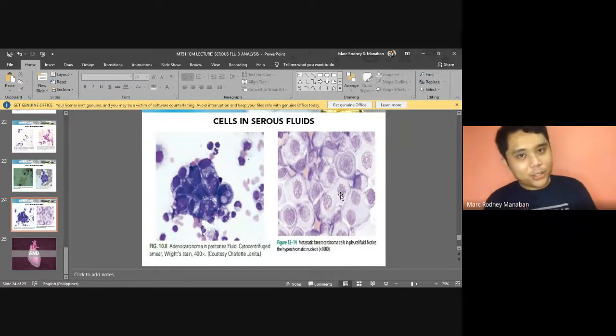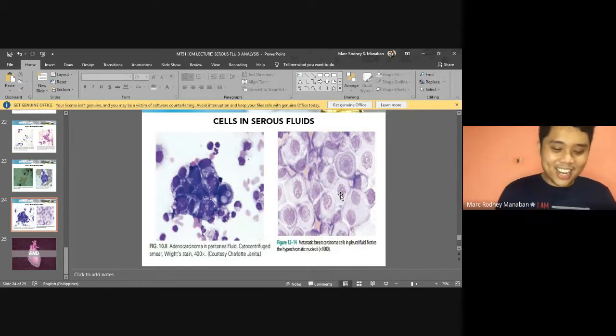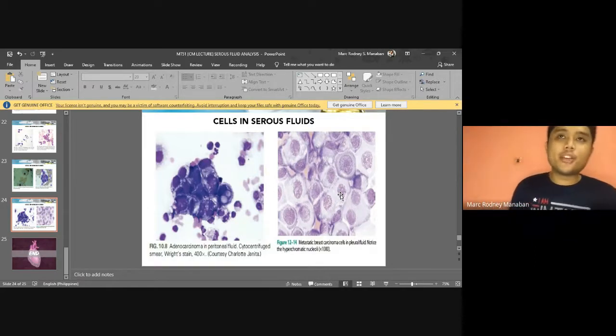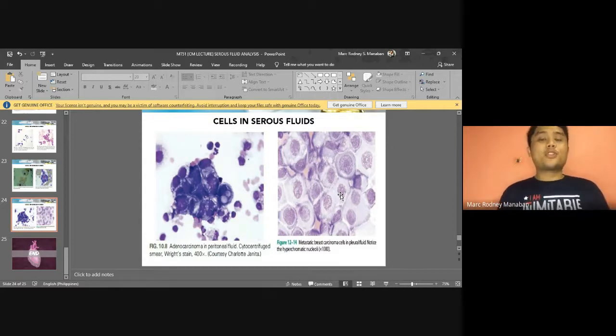So if you become a pathologist in the future, then this is your job. All right? For serous fluids, as an intern, if you receive them, very common tests are cell count, microbiology, and of course histopath for cell block. A cell block is usually for detecting malignant cells.